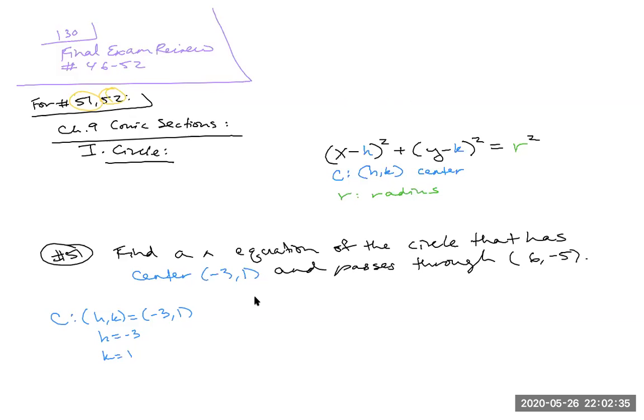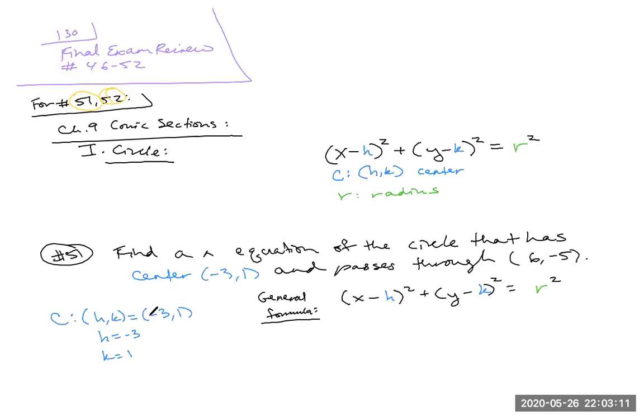Here's our general formula: (x minus h) squared plus (y minus k) squared equals r squared.